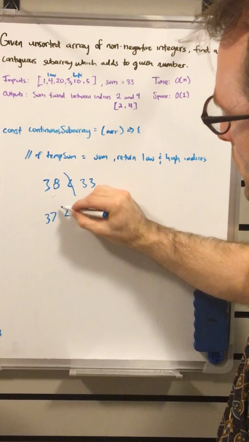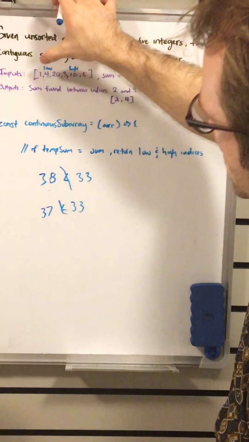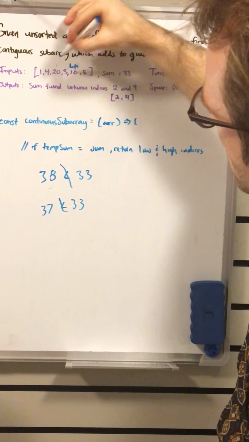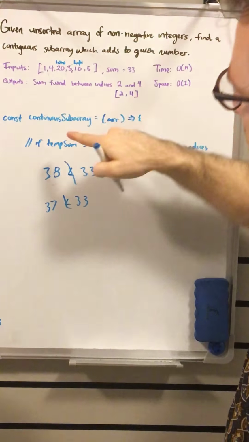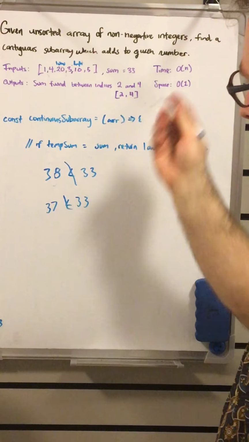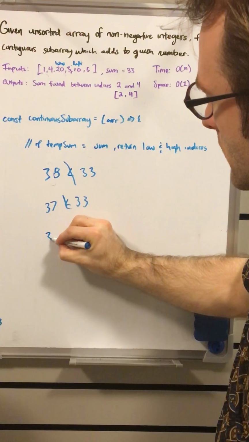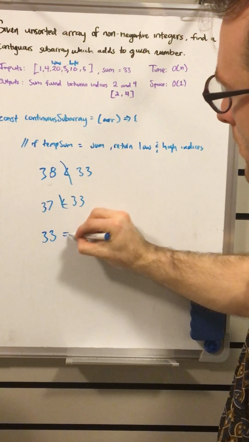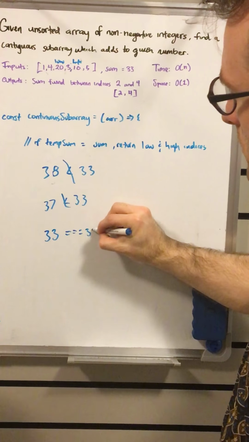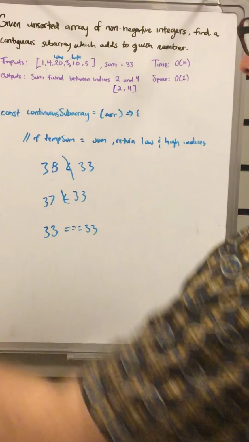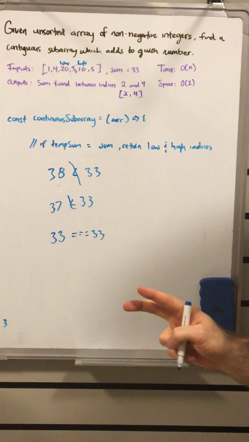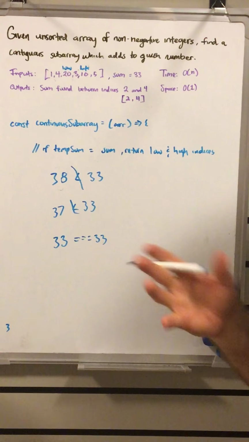This is still not true. It's greater. So we want to move our low up again. Move our low up here. And we subtract the 4 from 37. And that gives us the answer we're looking for. So based on those two conditions, we will move the high and the low pointer.